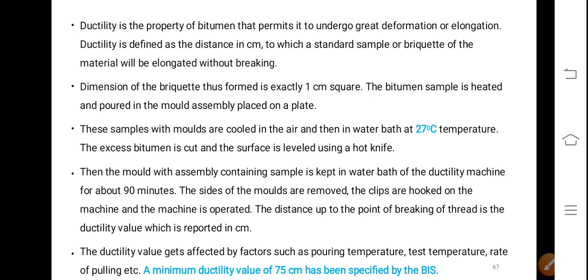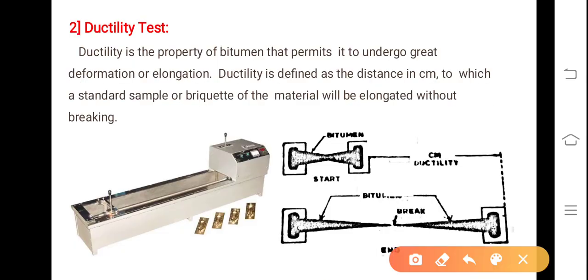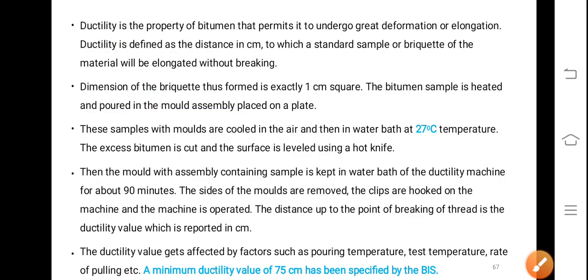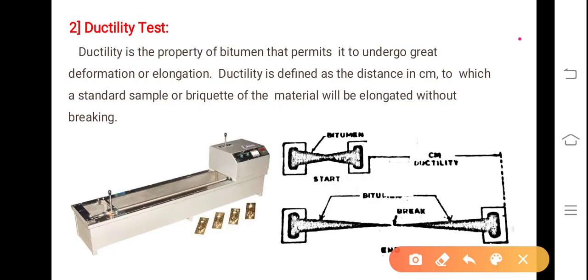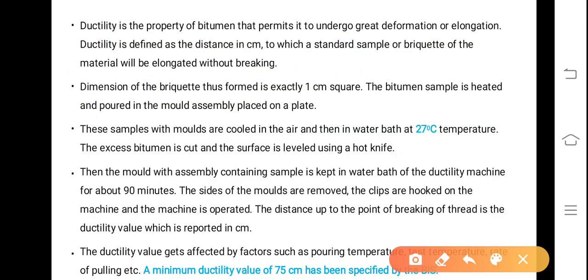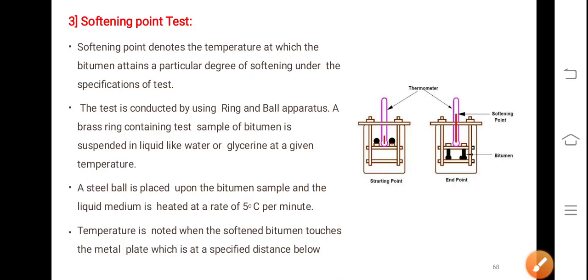Bureau of Indian Standards has specified that a minimum ductility value of 75 centimeter is prescribed.